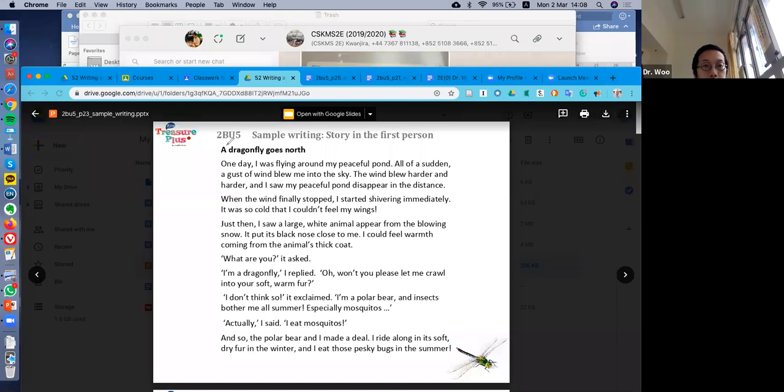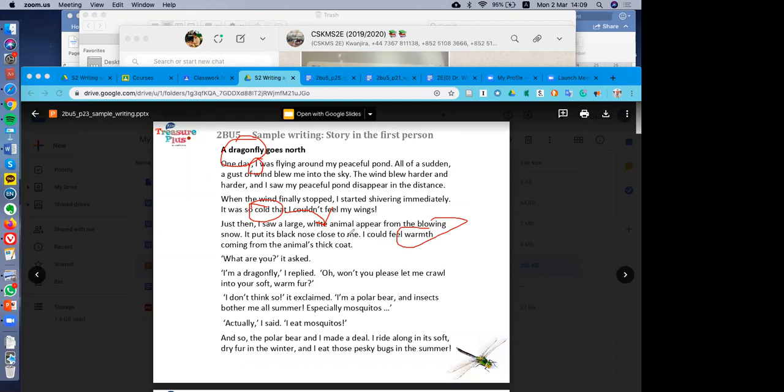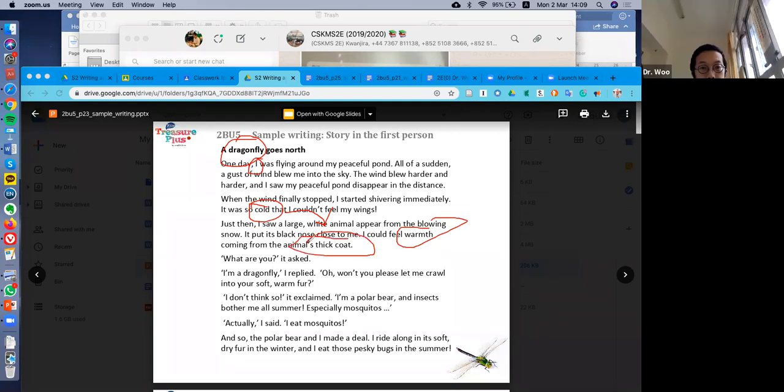If we go to the dragonfly story, you have a dragonfly, dragonfly's cold. But now it seems like there's a white animal and it's warm. The animal has a thick coat, soft, warm fur.